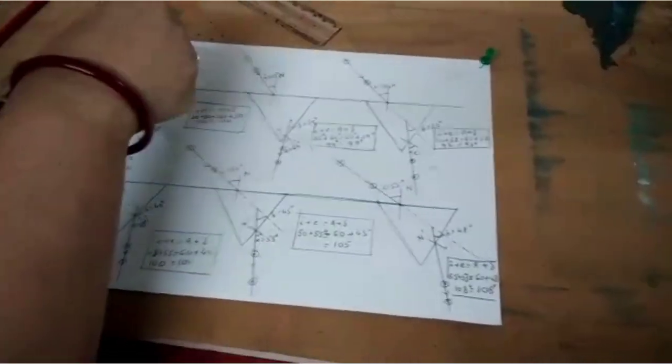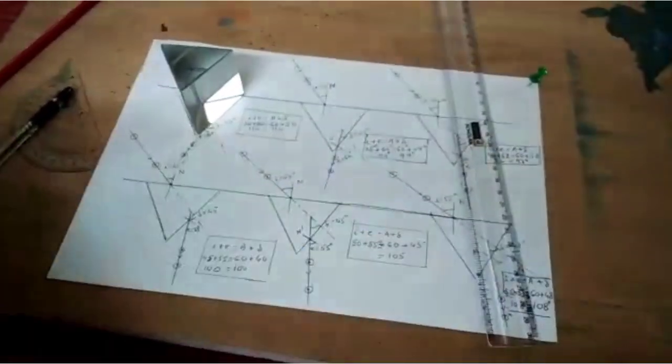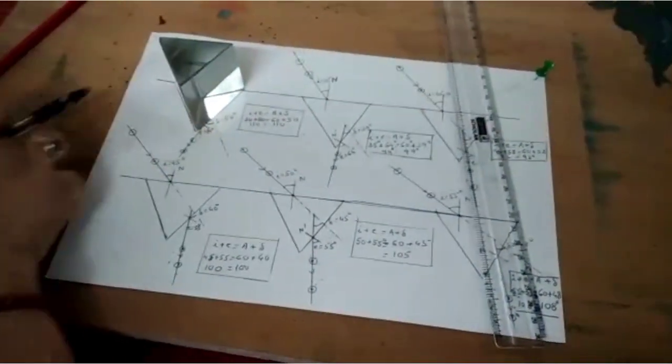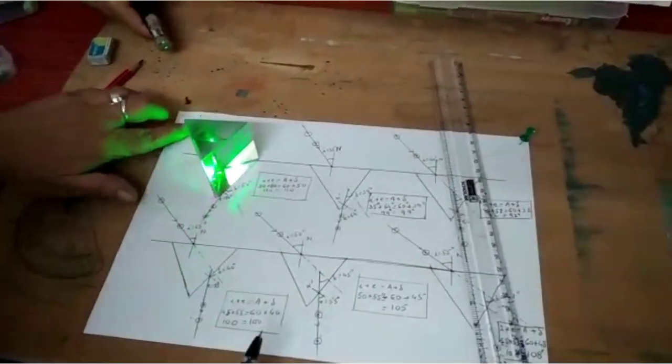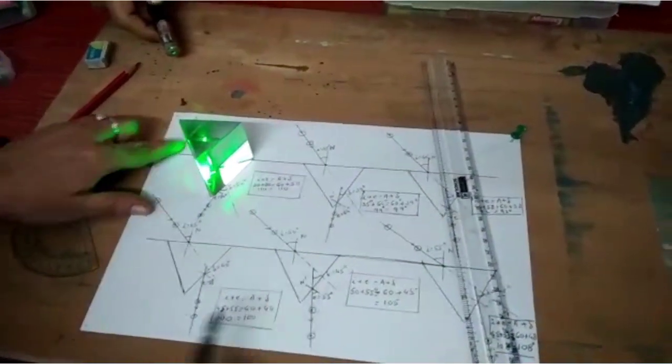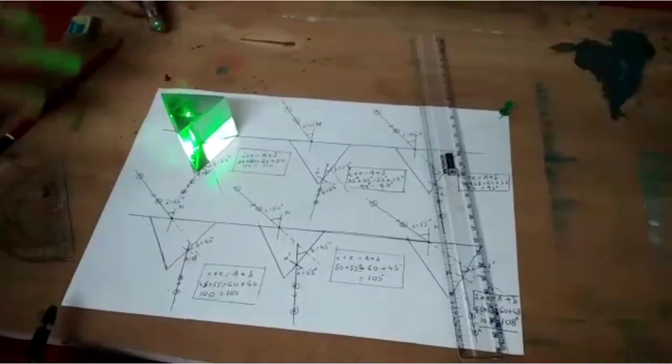So what I am doing is keeping the prism, and as I told you, I will use a trick, that is the laser trick, and then I will use the pins, the actual method. Okay, so here you can see very nicely.